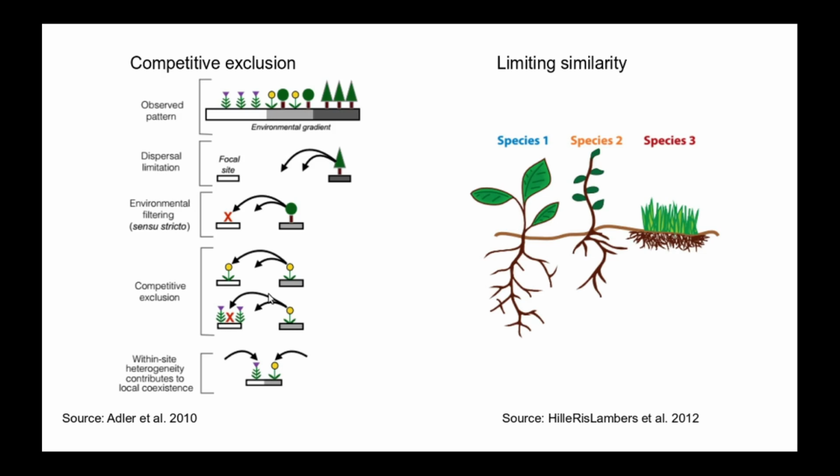Here, in an environment that's homogeneous, one individual will exclude the other. If this species occurs together with one that is a better competitor, it will be excluded, because there is absolutely no way to share this homogeneous environment, since the other is the better competitor.